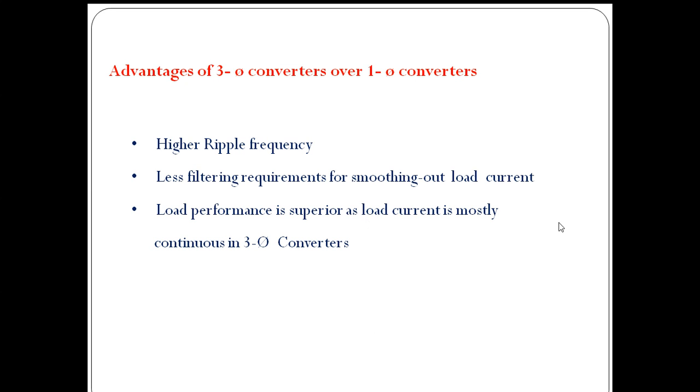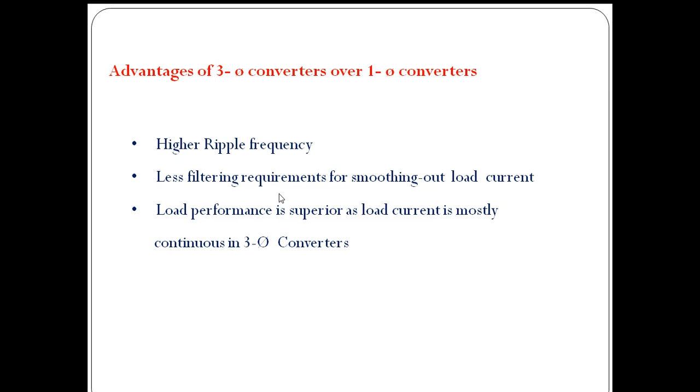Coming to the advantages, there is a higher ripple frequency and less filtering requirement for smoothing the load current. The produced output is in the form of pulsating DC. To convert this pulsating DC to pure DC, we use filtering circuits.